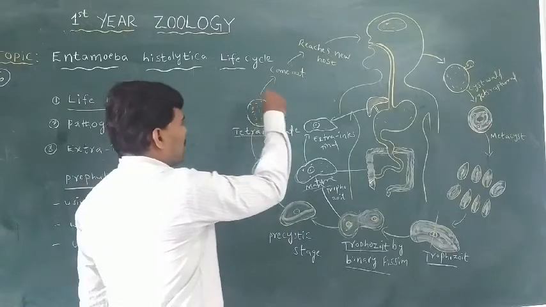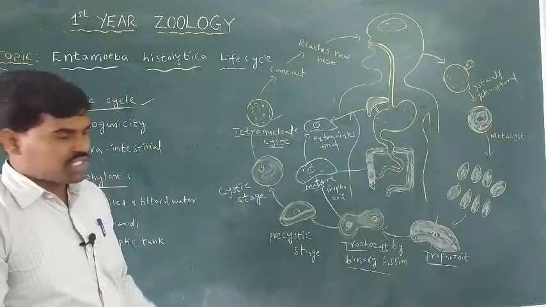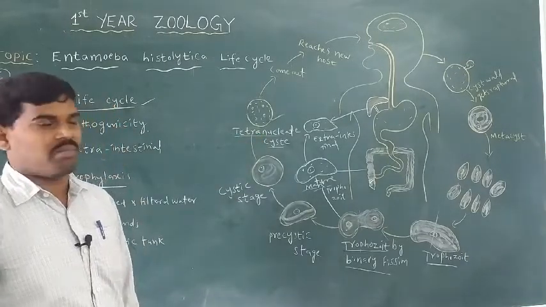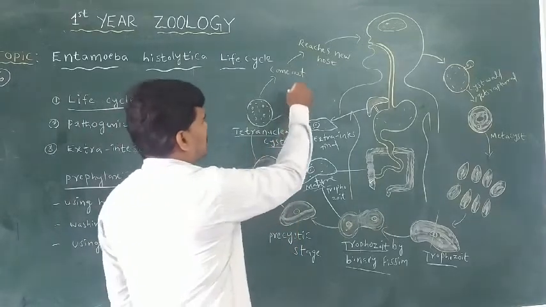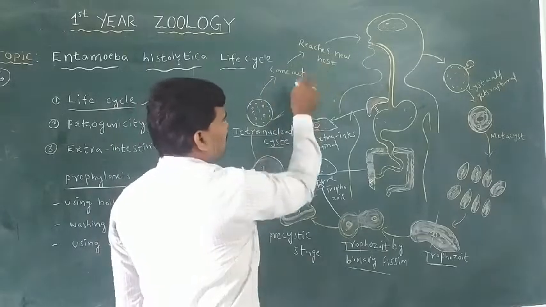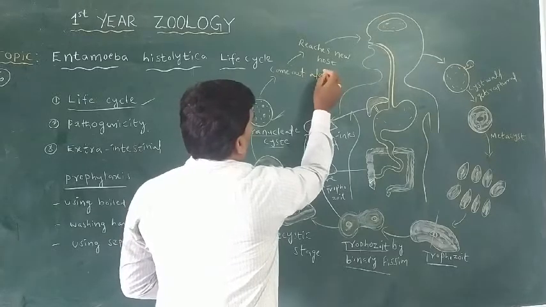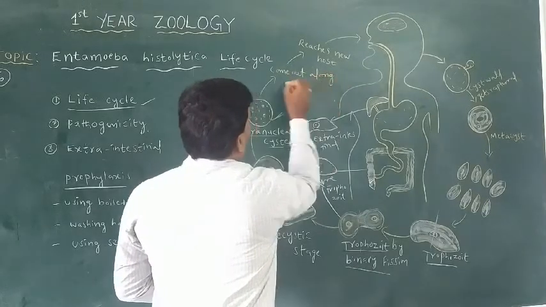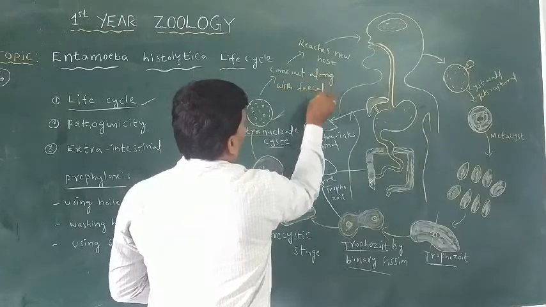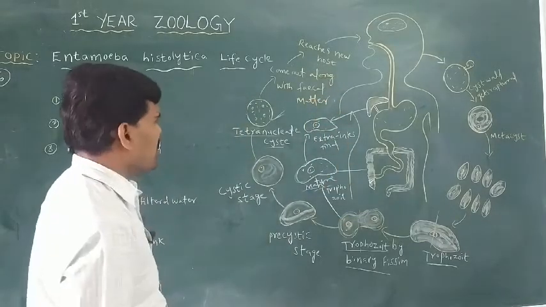Inside the large intestine, the tetranucleate cyst or tetranucleate stage then comes out along with the fecal matter, or stools.